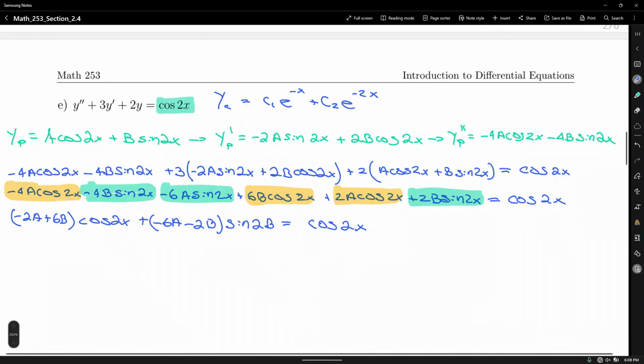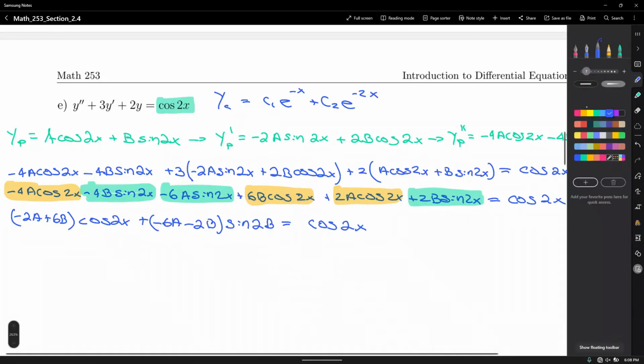All right. Now here is the tricky part about equating coefficients when we have combinations of sines and cosines. Notice our forcing function only contains a cosine, right? Do you guys agree with an invisible coefficient of one for the cosine? So this will be negative 2a plus 6b equal to 1.